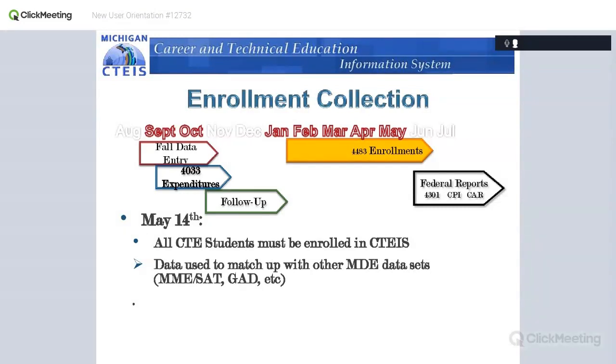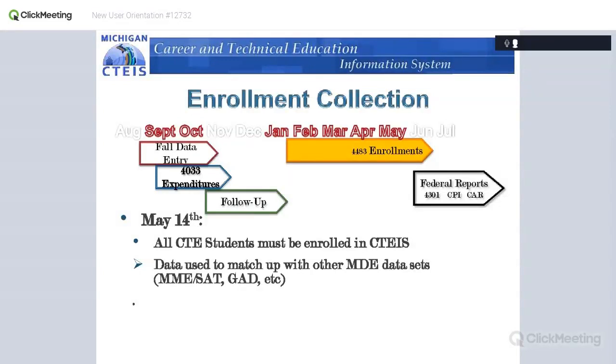The GAD is the graduate and dropout file. It allows us to get information about students and where they are in the cohort and when they've left school, all those things that are important for federal reporting. And getting these data systems and getting the right data takes a long time, so we need to get started way early in the process.